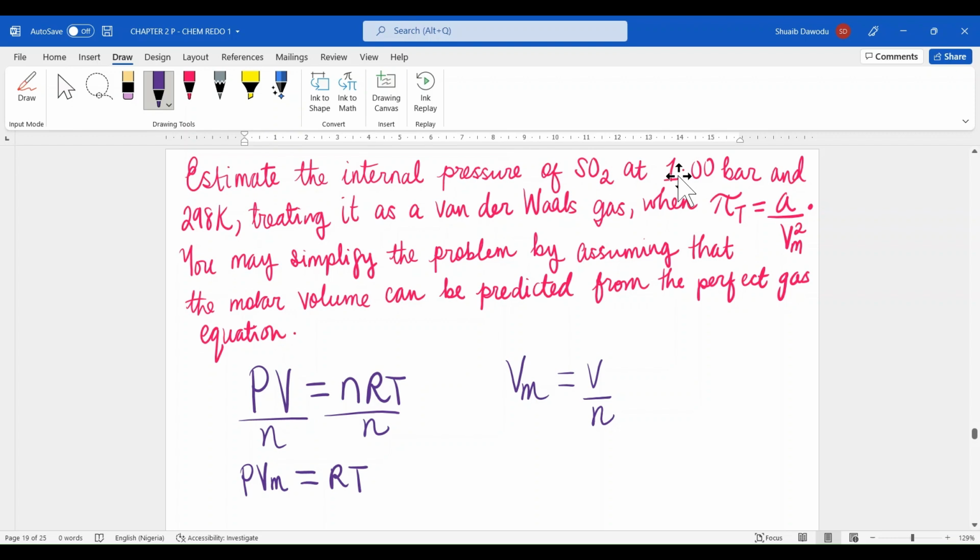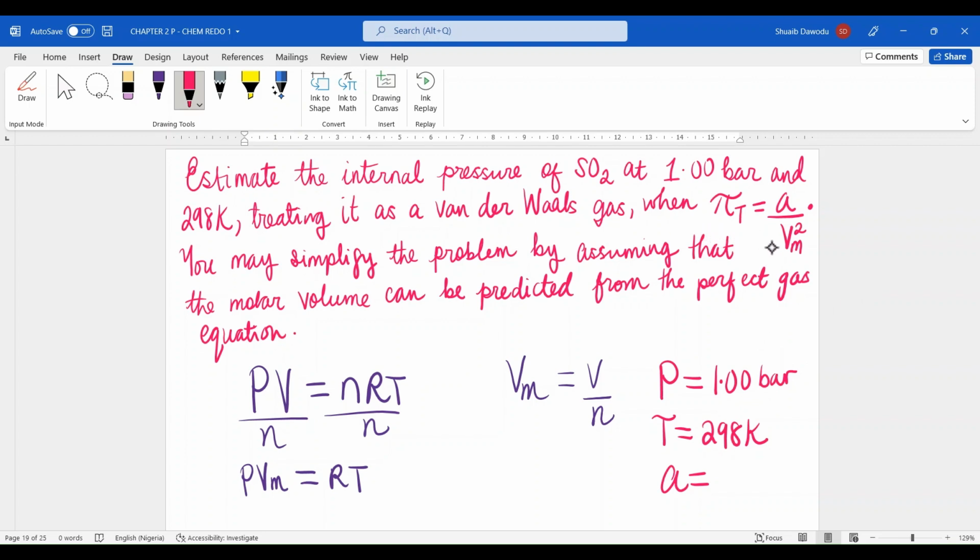Then they said estimate the internal pressure of SO2 at 1.00 bar and 298 Kelvin. Of course, we have to write out all of our parameters. We know the pressure is 1.00 bar, and the temperature is 298 Kelvin. Next we have A, the van der Waals parameter, which is unique to every gas molecule.